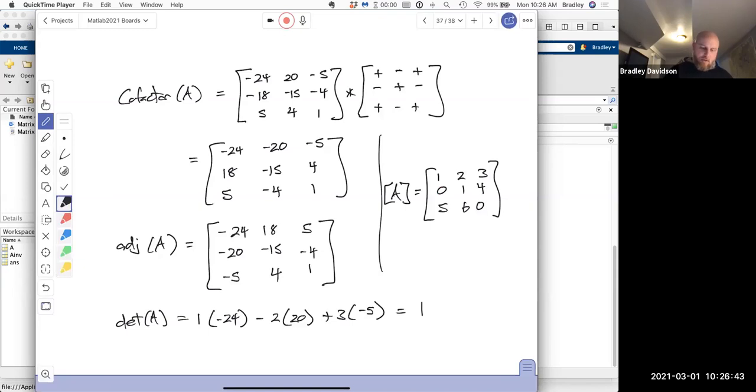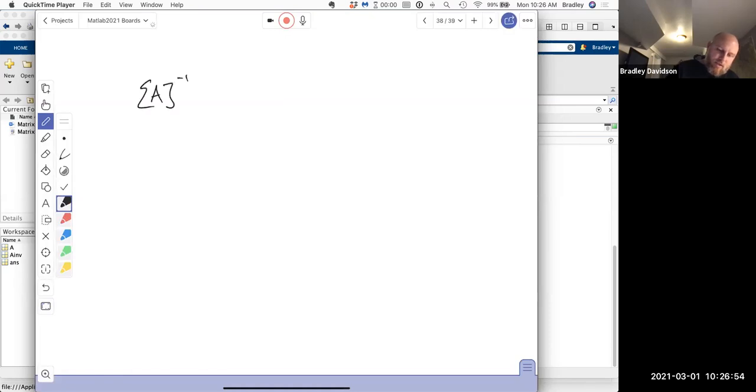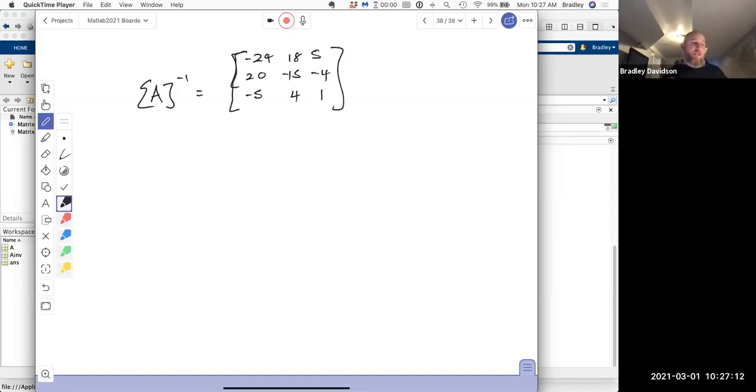And so we get the adjoint of A and the determinant of A. So we get A inverse is equal to negative 24, 18, 5, 20, negative 15, negative 4, negative 5, 4, and 1. So our inverse is actually equal to the adjoint in this case.